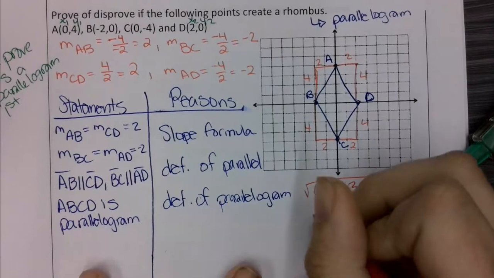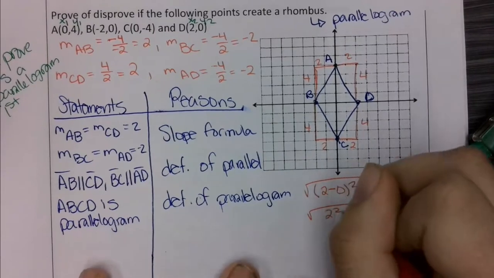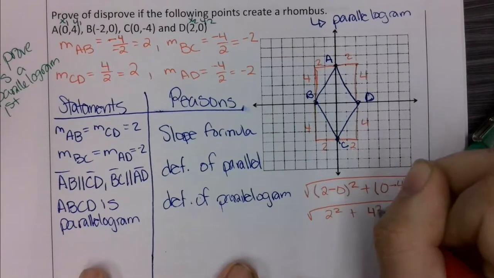Okay, so then I get the square root of 2 squared plus 4 squared.